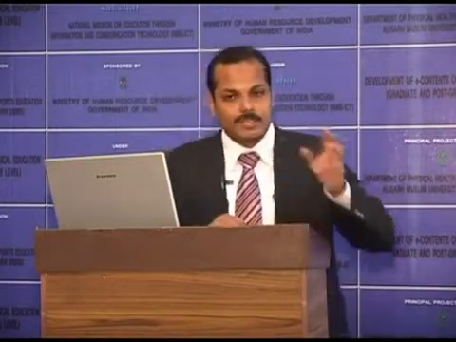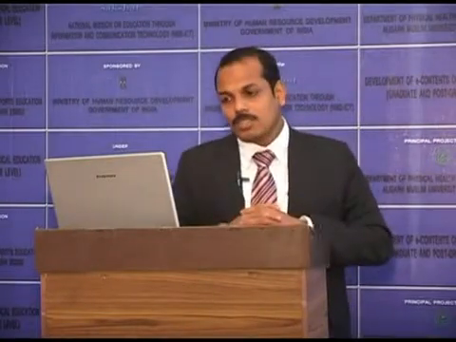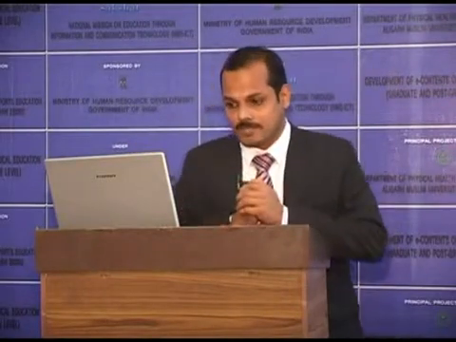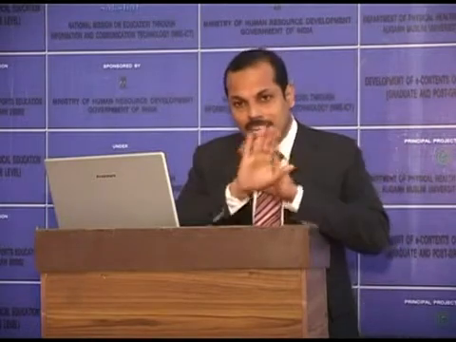Now its movements. It has two axes, a longitudinal axis and a transverse or oblique axis. The longitudinal axis is almost like an anteroposterior axis, from anterior to posterior, but not exactly.